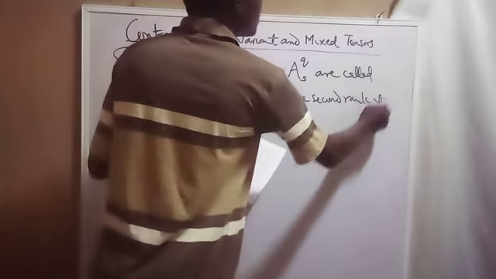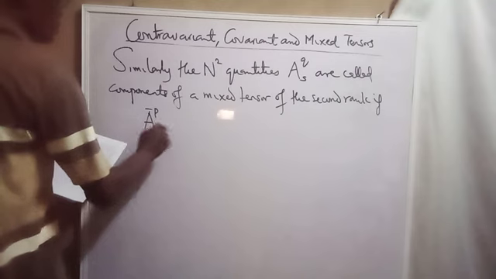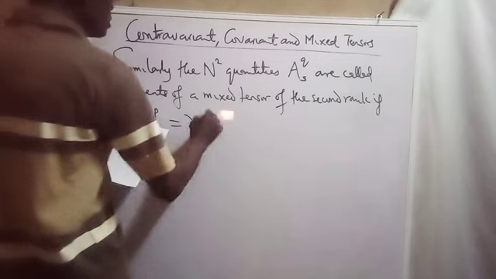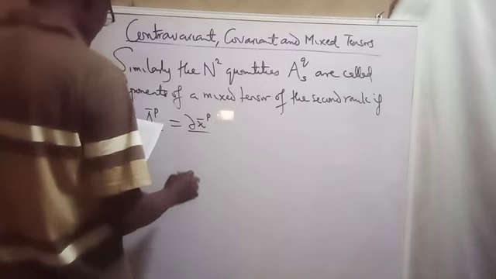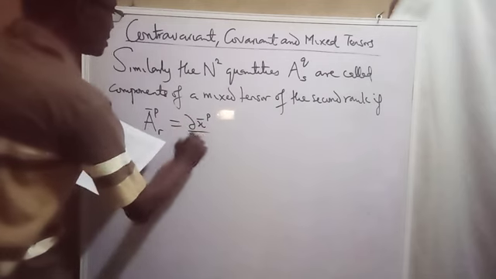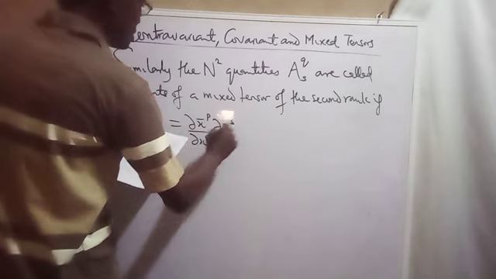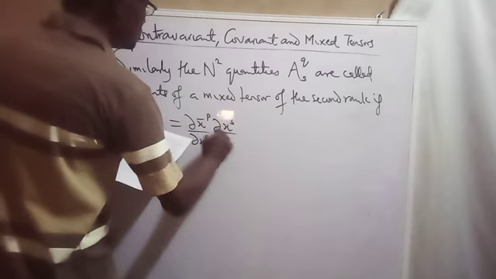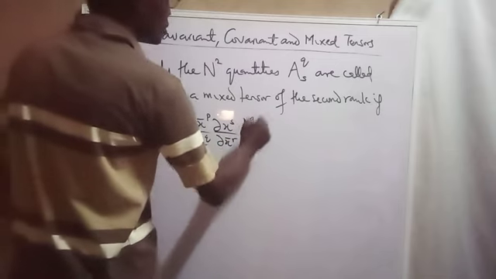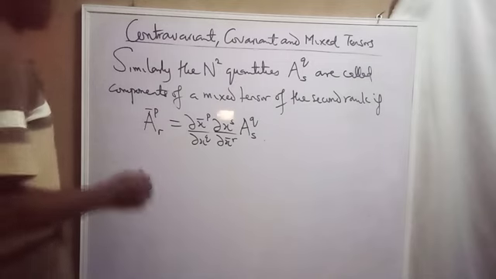Let's look at this: A bar PR is equal to the partial derivative of x bar p over x q, times x s over x bar r, times A q s. Very easy.